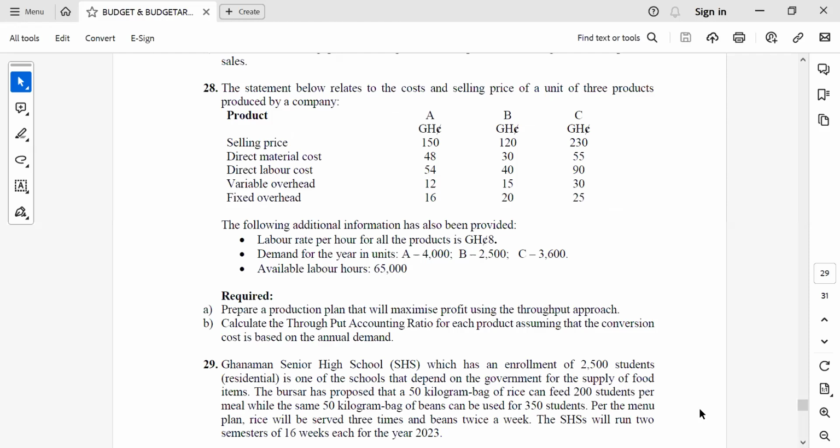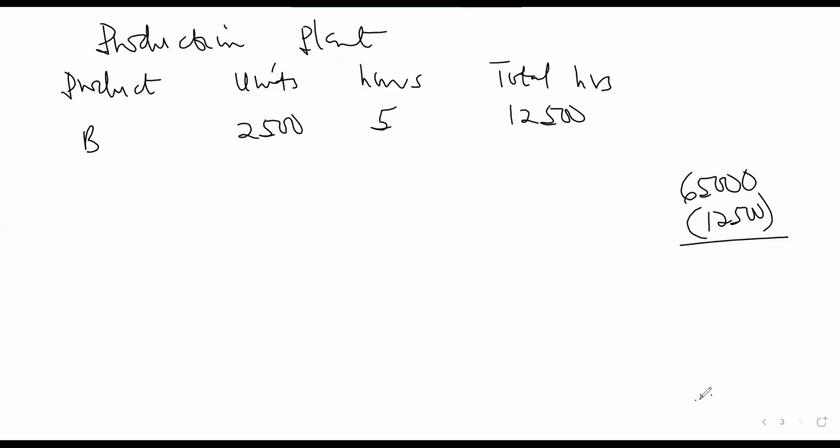Available labor hours is 65,000. But how many hours did we use out of that? We have already used 12,500 to produce B. So what will be the hours left? 52,500. Okay, it will be left with 52,500.